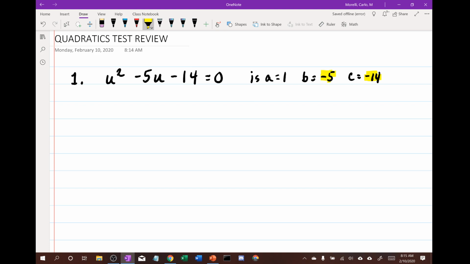And because b is negative, the bigger number of the factors and solutions will be negative. So what we do now, ladies and gentlemen, is we try to find two numbers that add to equal the middle term, which is b, which is -5, and multiply to equal the last term, which is c, which is -14.